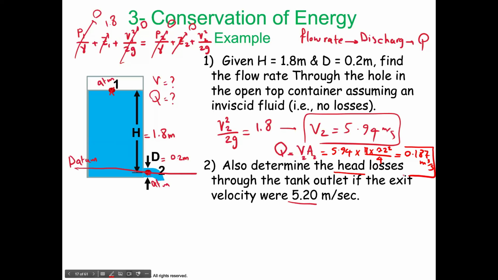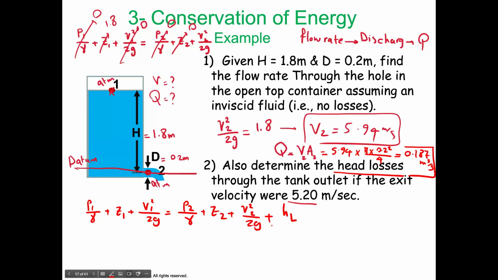For the second one, it says find the head loss. Now I'm going to write a more professional version of Bernoulli, which is P1 over gamma, Z1, equals P2 over gamma, plus HL.